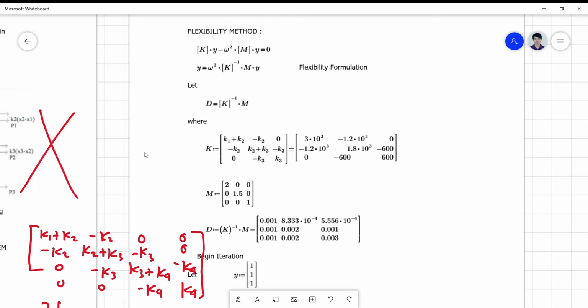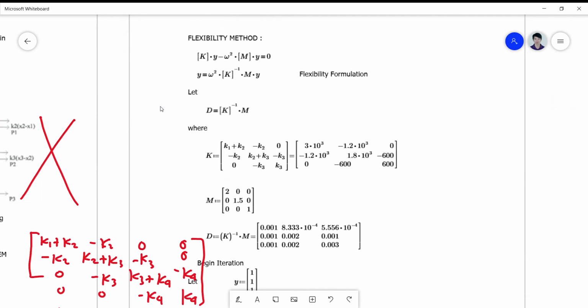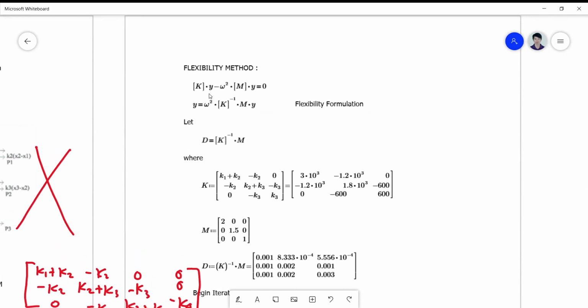So for the flexibility method, we take into consideration that your equation which leads to your eigenvalue solution is in this form. Okay, so this is a simple Ky minus omega squared My is equal to 0.